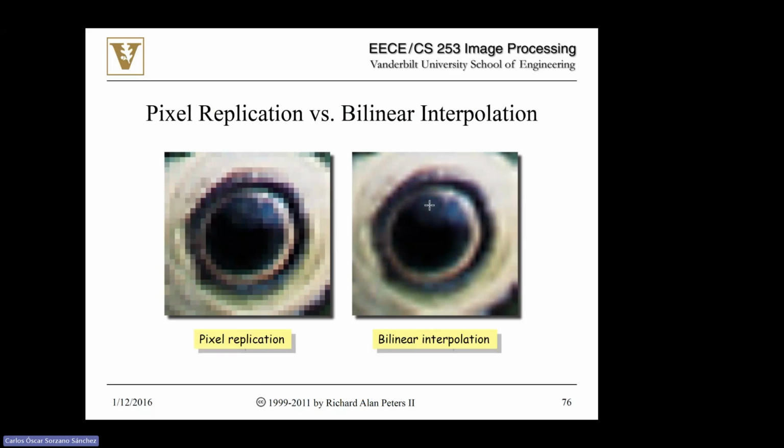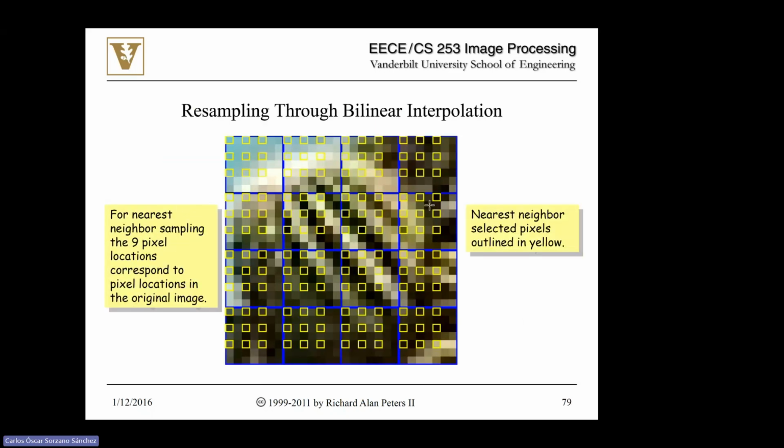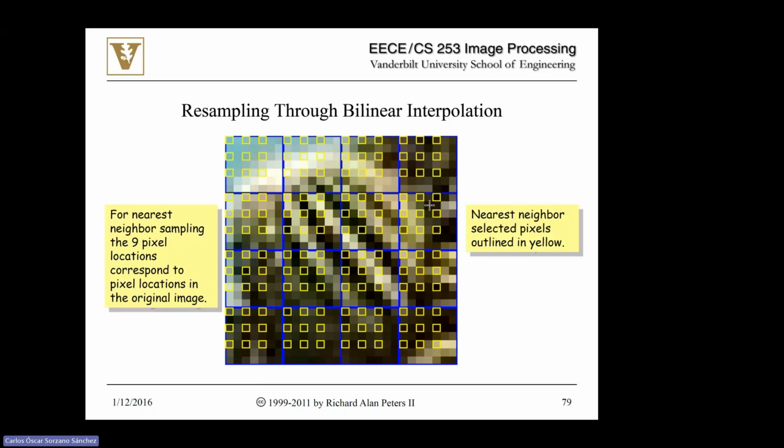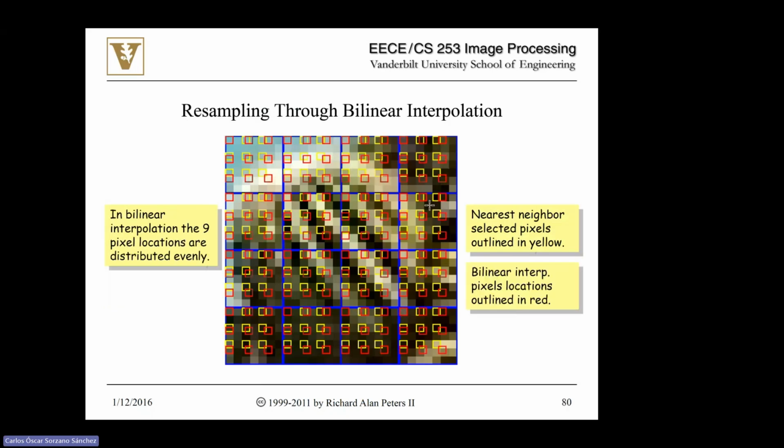More comparisons of the same. And now here is another comparison where we have to interpolate. So the yellow squares are where nearest neighbor interpolation is taking the sample from, while this would be the fractional coordinates we would like to get. Bilinear interpolation is able to get the value from the red squares, while nearest neighbor cannot take from the red, it approximates by the nearest neighbor, and that is why it's taken from the yellow ones.